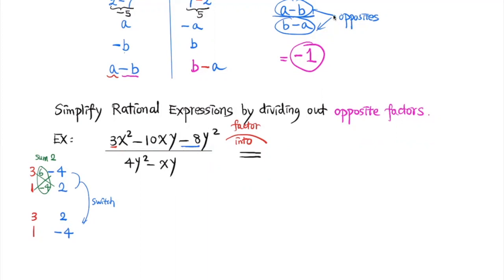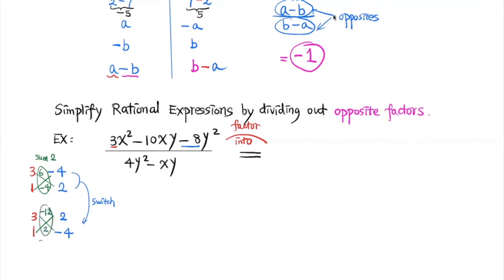Now cross multiply. Remember, when you cross multiply and add, that corresponds to adding the inner and outer products. 3 times -4 is -12. 1 times 2 makes 2.